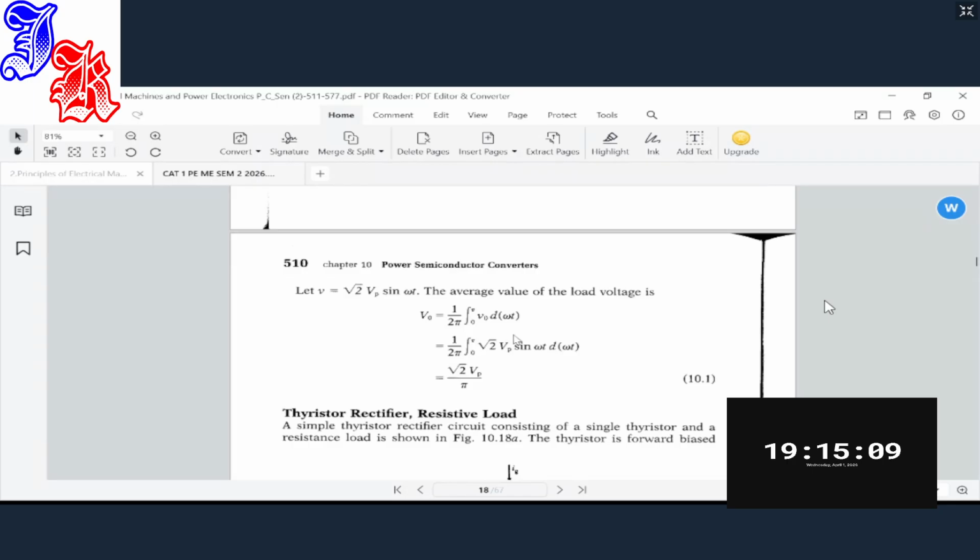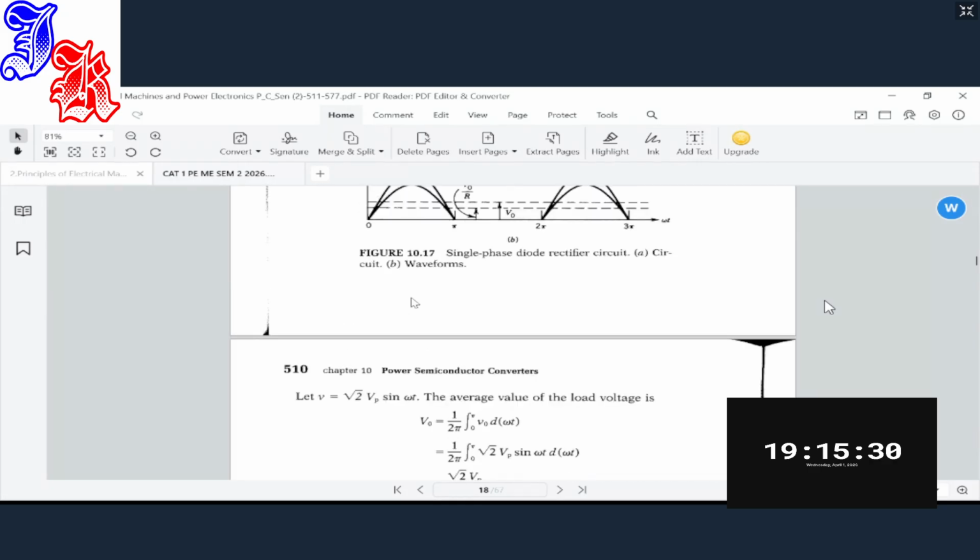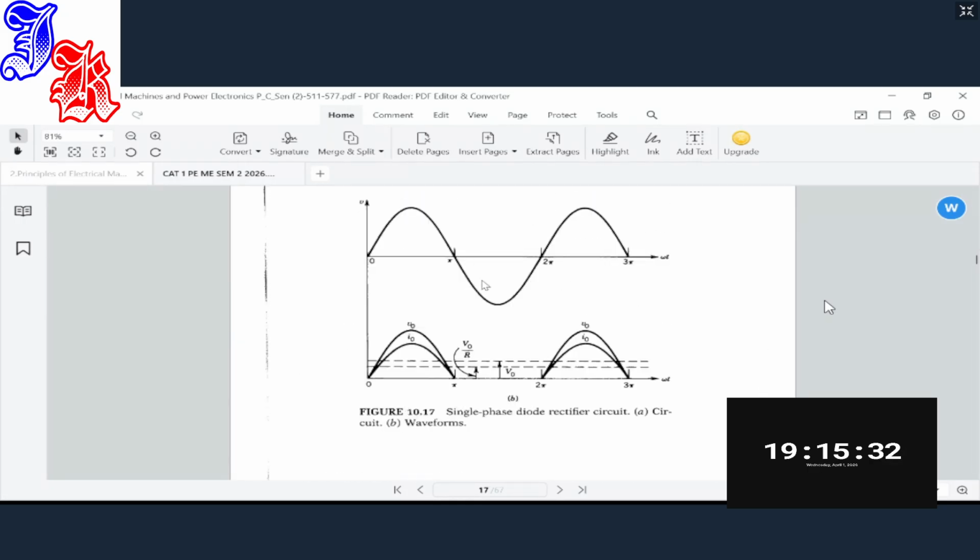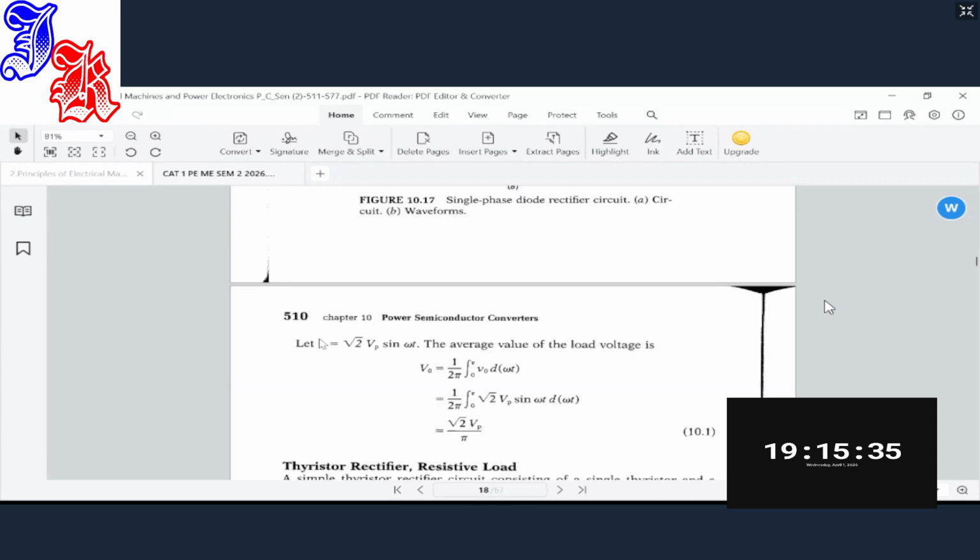So from the calculation, we're able to see that the source voltage is equal to root 2 Vp, the highest point of the amplitude of the sinusoidal wave, multiplied by the sine of the curve, because whatever we are having here is sinusoidal, and so that is the equation. Mostly in Kenya, this Vp is the 240. When we say single phase is 240, that is the Vp. So you can substitute a Vp and calculate.